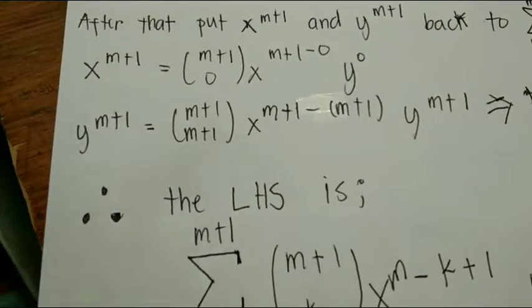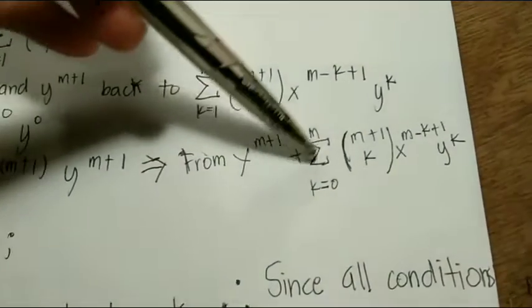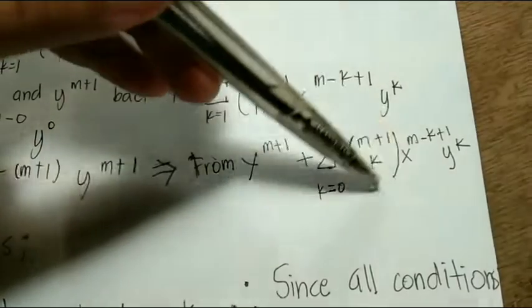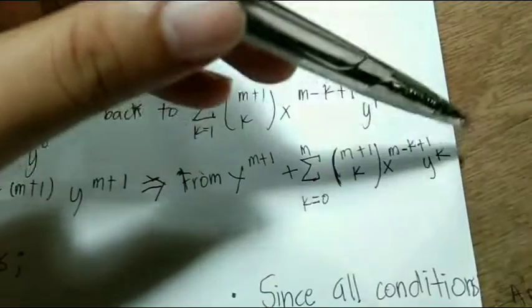Okay, this m taken by m comes from this equation: y with the power of m plus 1 plus the summation of k is equals to 0 to the m of m plus 1 taken by k, x with the exponent of m minus k plus 1, and y with the exponent of k.